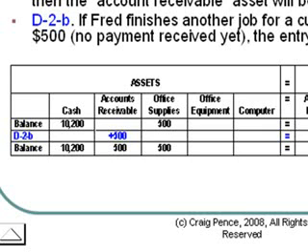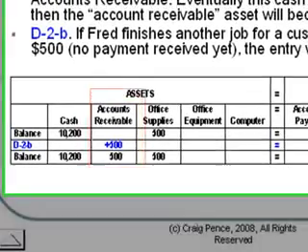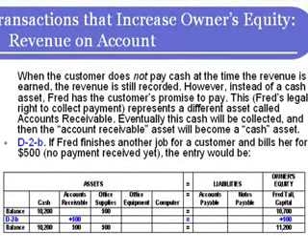We can't increase cash, but we can increase another asset account called accounts receivable. Accounts receivable represents amounts owed to the business by customers. It's not cash on hand now, but it represents cash that will be collected in the future.